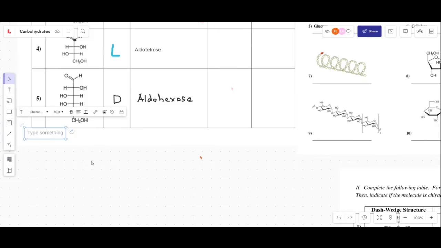Pyranose rings are basically six-membered rings of monosaccharides. And then furanose rings are basically five-membered rings formed from a monosaccharide.